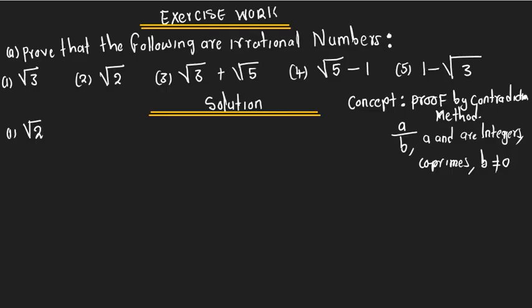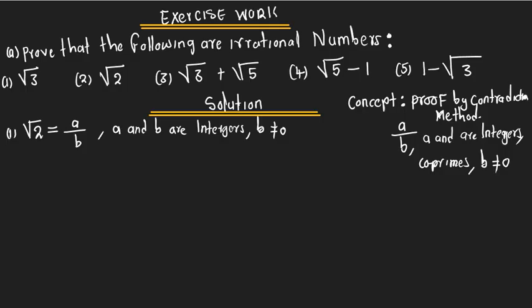So in this case, I will contradict that actually square root of 2 is rational. If it is rational, then automatically, please follow the steps, it can be expressed in the form a over b, where a and b are integers or coprimes, and b must not equal 0.